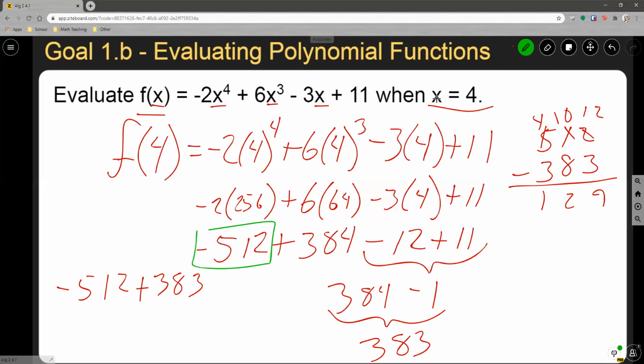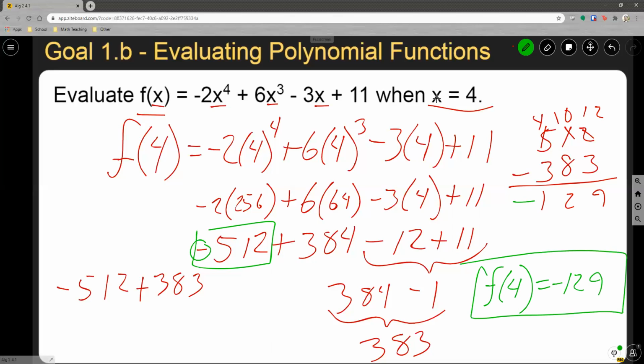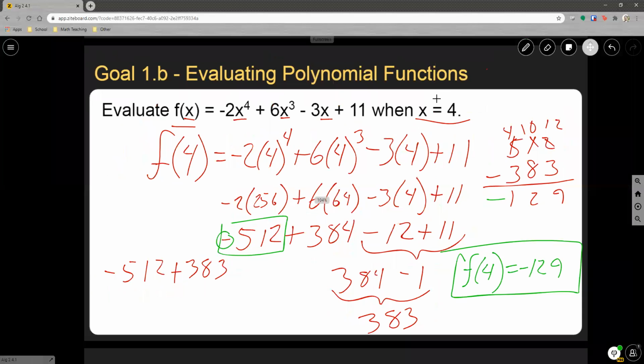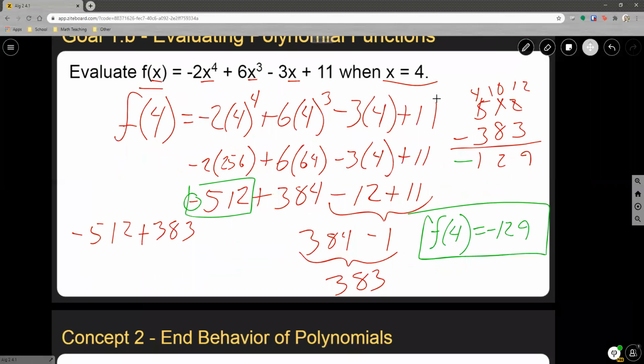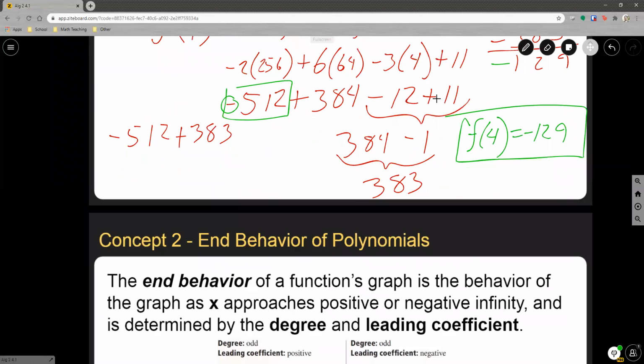My larger of my two numbers is 512, and the sign of the larger of the two numbers is going to follow whatever the answer is. So my answer is negative 129. So f of 4 is equal to negative 129. So when that function is at x equals 4, my output value is negative 129. And that's evaluation. You guys should know that already, but that's a quick review.